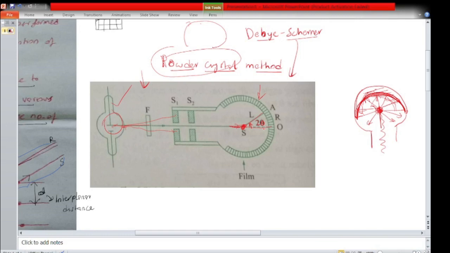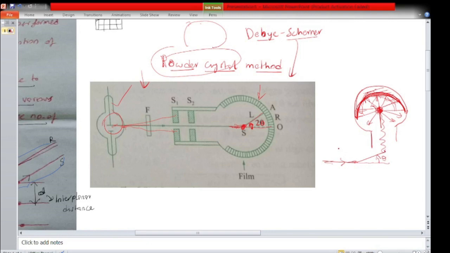Why? Because there are millions of tiny crystals in the specimen which are randomly oriented. So we have to consider this angle 2 theta. This is your X-ray direction, and after reflection it will be somewhere here, and that angle has to be 2 theta, because we have a large number of tiny crystals, all reflecting these X-rays.